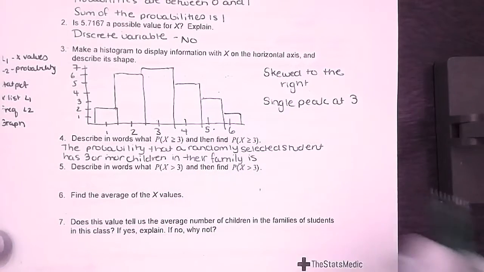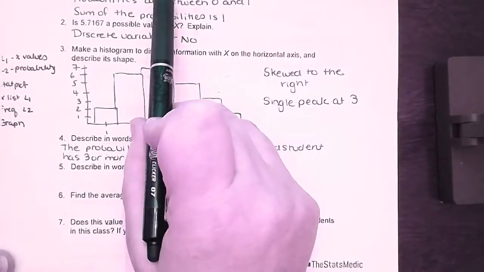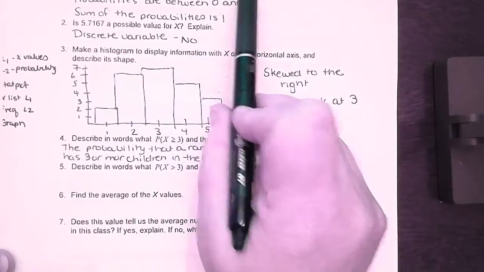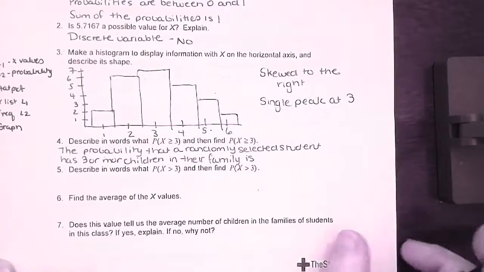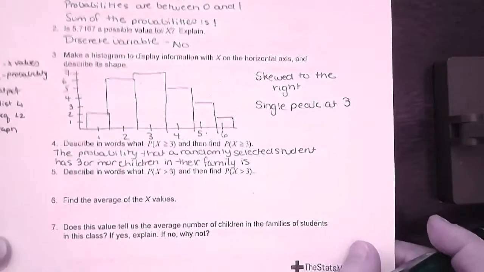Looking at our table, we have 7 that have 3, 5, 4, and 2, so we add them together: 9, 16, 17, 18. That's 18 out of 26.